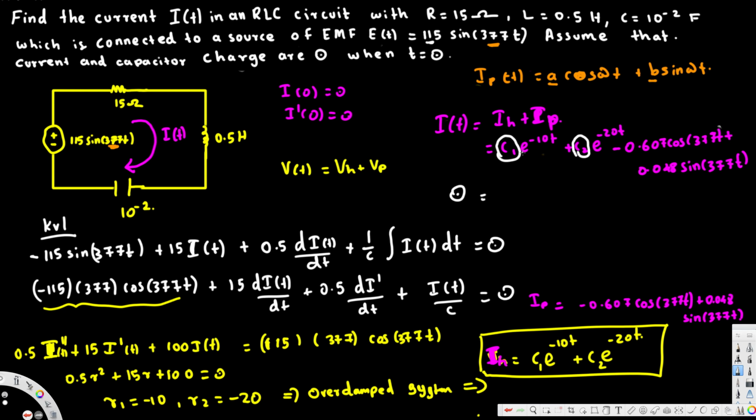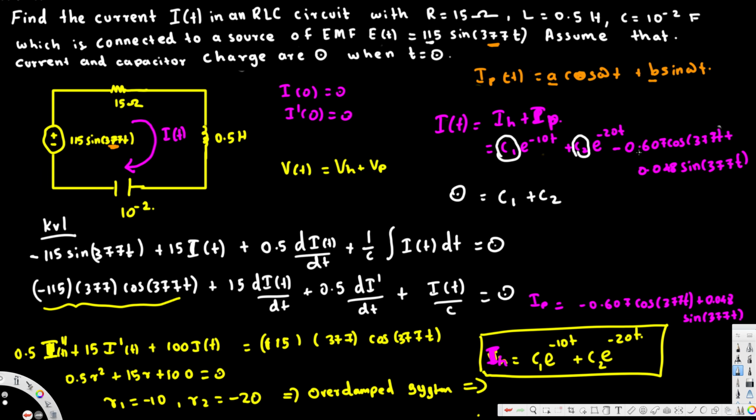At that time, this e power negative 20t, t is 0, so this is going to be e power 0, that's 1. So we are left with C1, and C2 remains because this is C2 multiplied by 1, again C2 e power 0, because negative 20 times 0 is 0. So this is just C2.